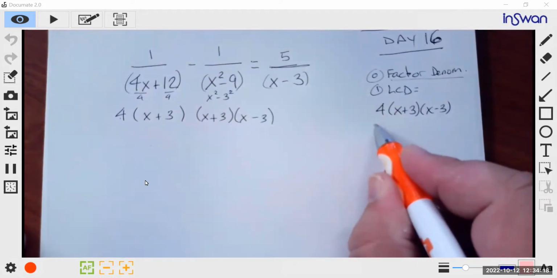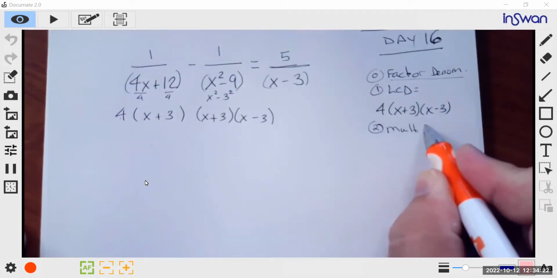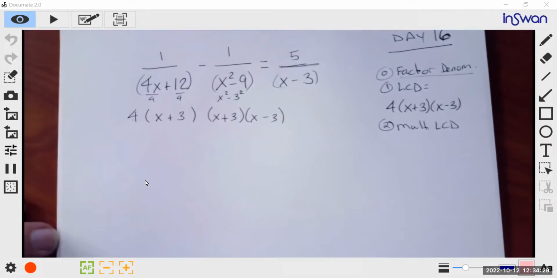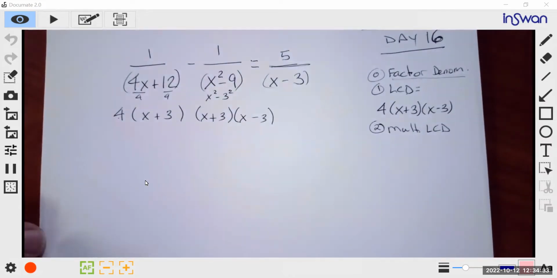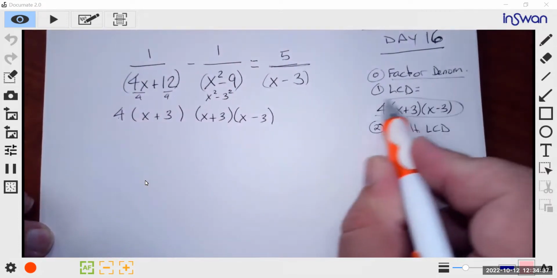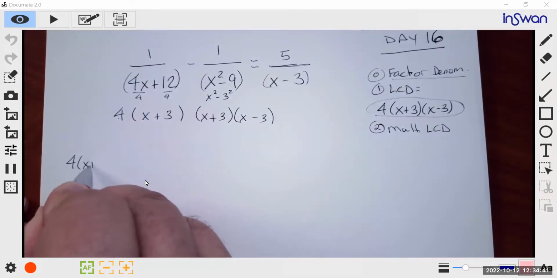And then the second step after that, multiply by the LCD. So I have to take this LCD and put it in front of each of my terms.